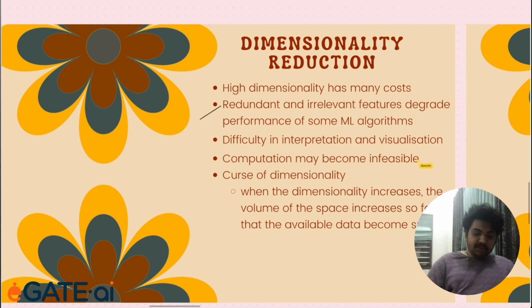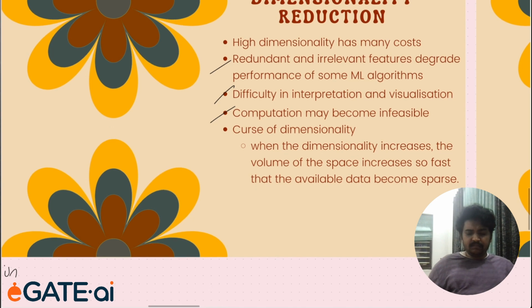The computation may become infeasible because you need a lot of hardware, and there can be a hardware bottleneck that cannot efficiently capture all the data that we want to represent. And finally, there can be the curse of dimensionality.